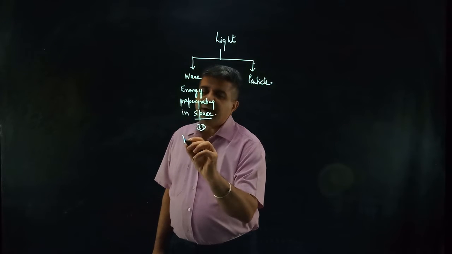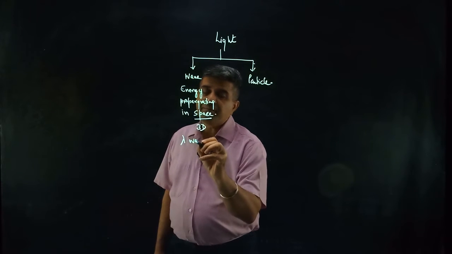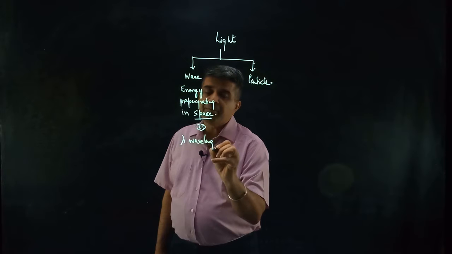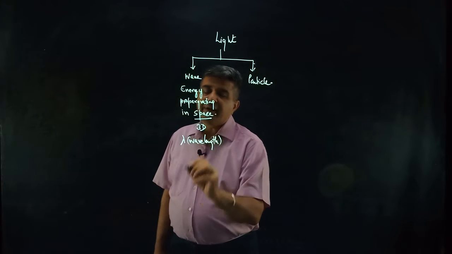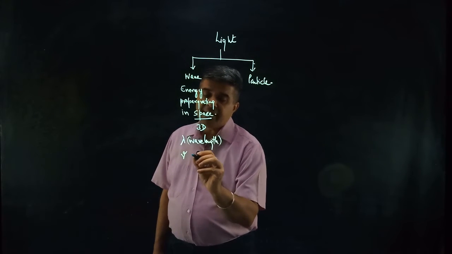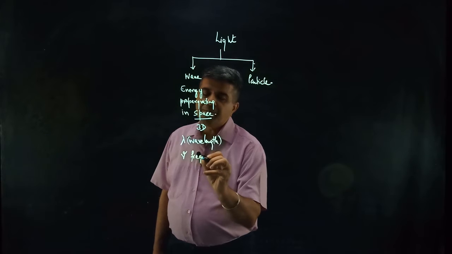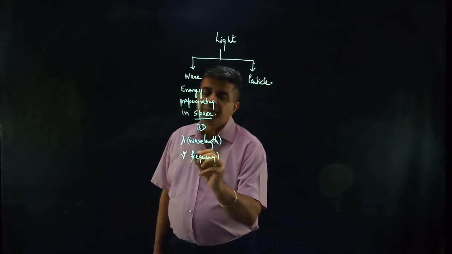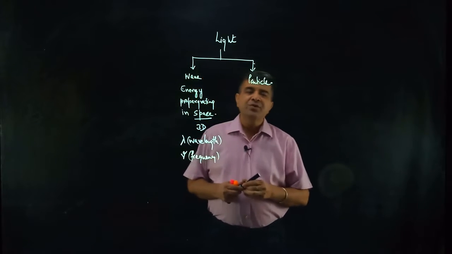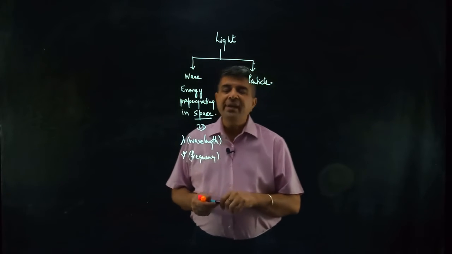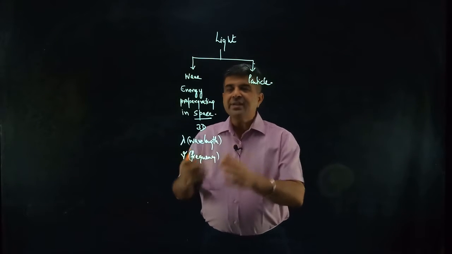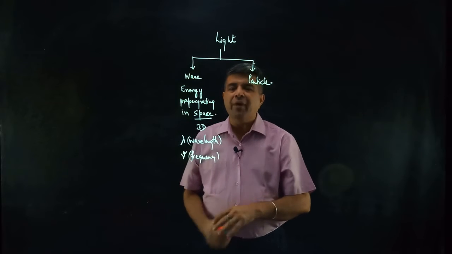It would have wavelength, then frequency, so wave would be associated with the frequency or wavelength. So these are the typical characteristics of a wave.